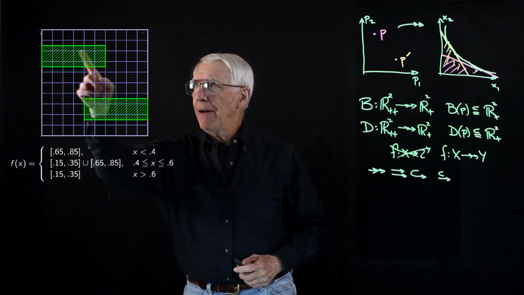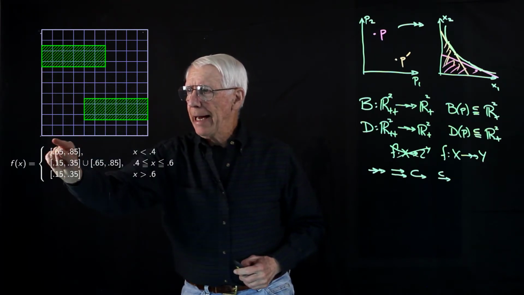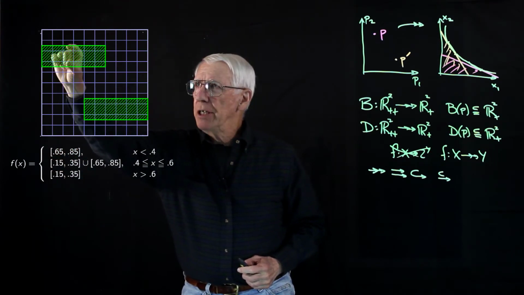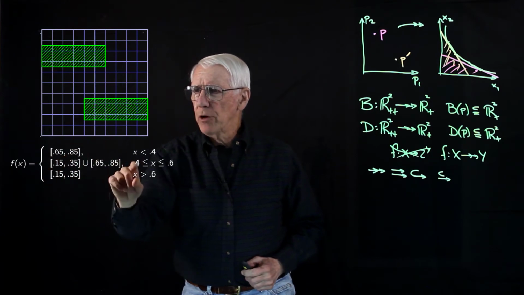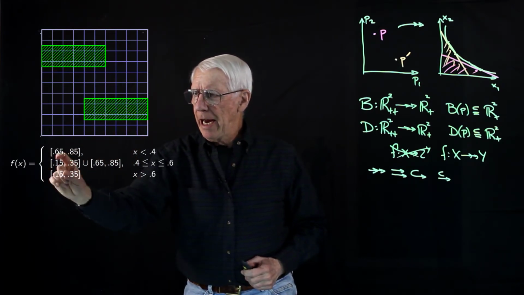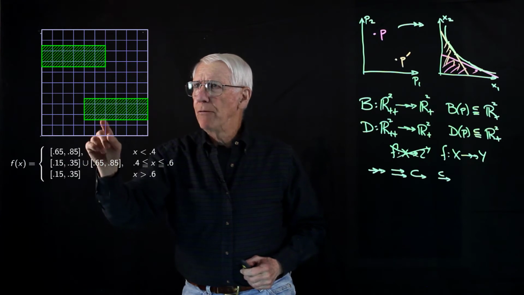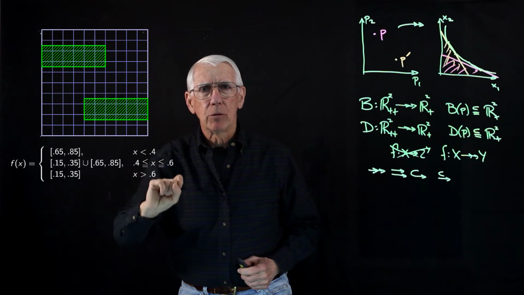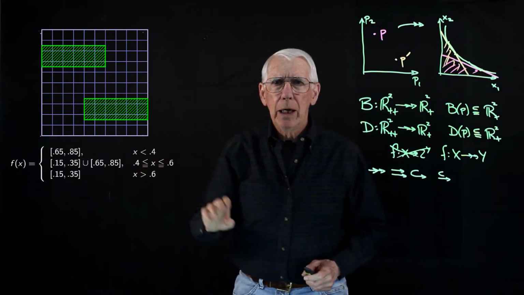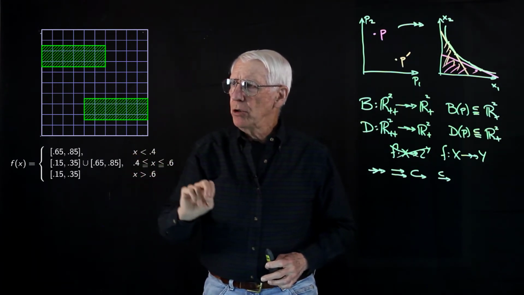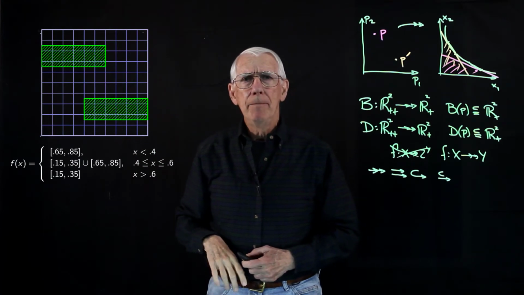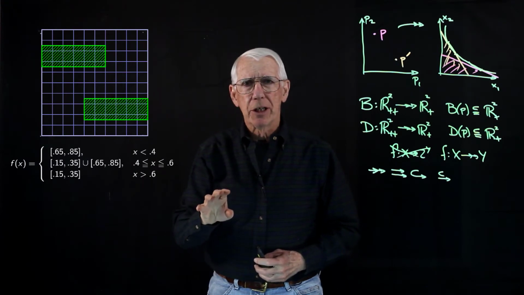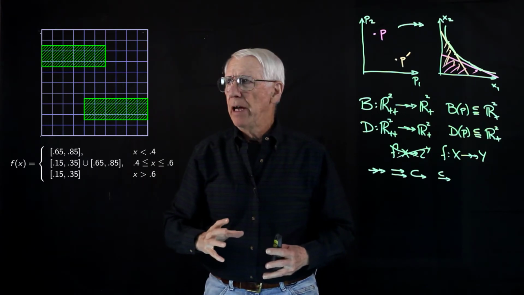So the graph looks like this, where for any x to the left of 0.4, the image is an interval here. For anything to the right, it's an interval here, and for values of x between 0.4 and 0.6, it's the union of this interval and this interval. And so that's just 4 simple examples of correspondences, and we're going to see several more examples when we try to develop the idea of hemicontinuity.